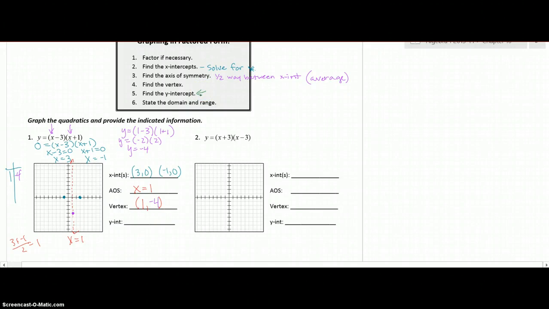Now, anything that is on the y-intercept has a value of 0 for x. So if we plug in 0 for x, we get 0 minus 3 and 0 plus 1. So y equals 0 minus 3 is negative 3, 0 plus 1 is 1, so we get negative 3.